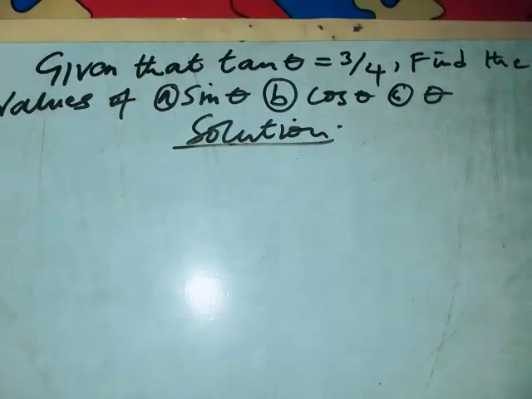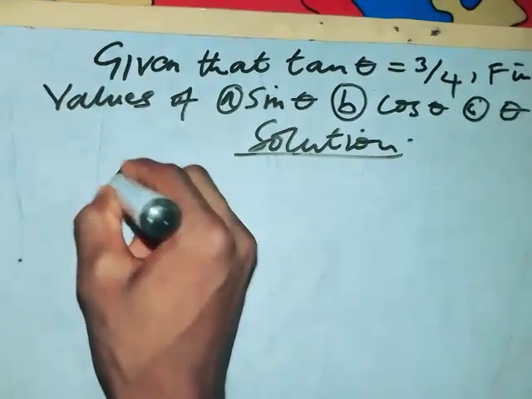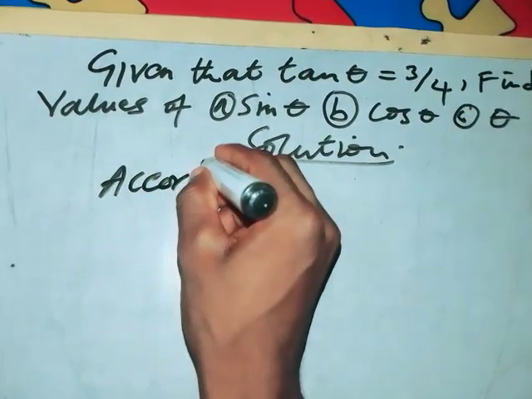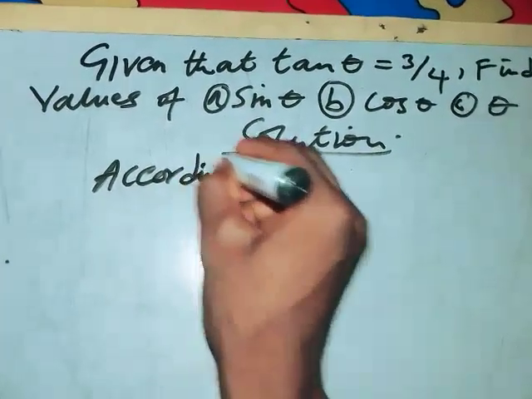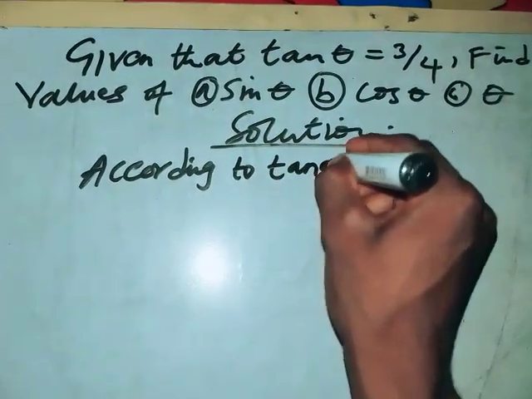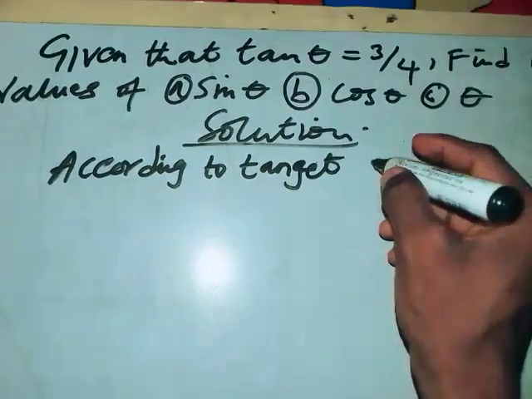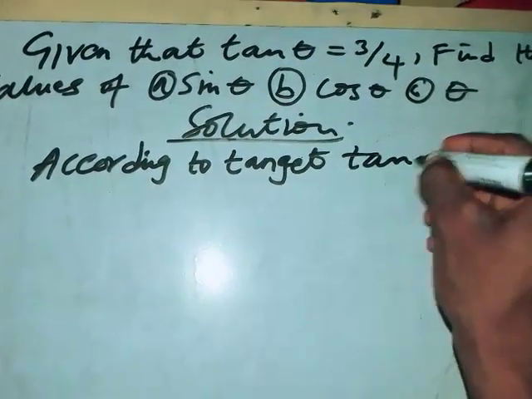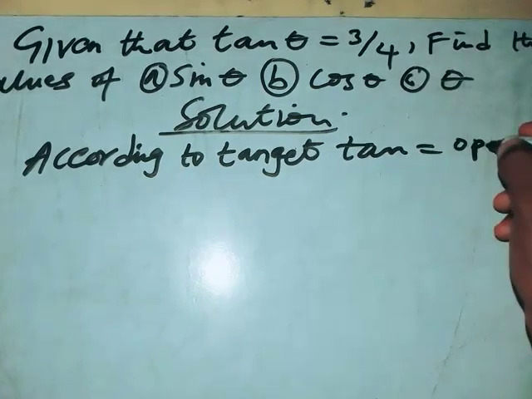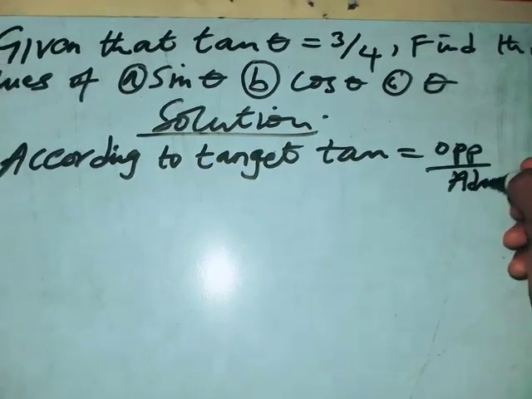First of all, you need to derive this. Now according to tangent, tan is equal to opposite over adjacent.